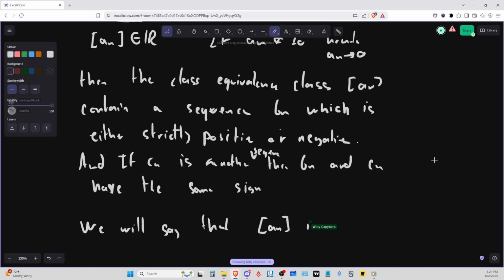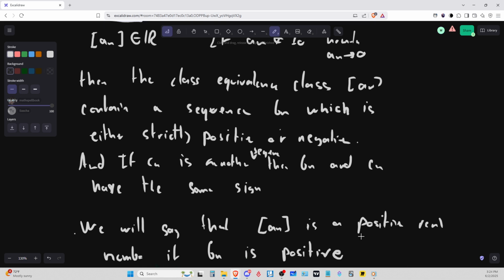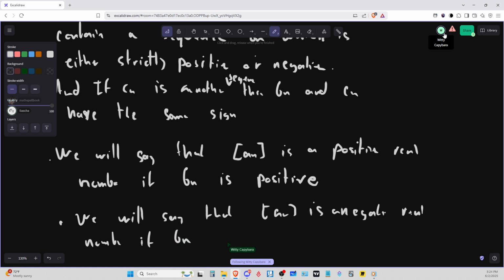We will say that An is a positive real number if Bn is positive, and we will say the same thing for the other case. So An is negative if Bn is negative.